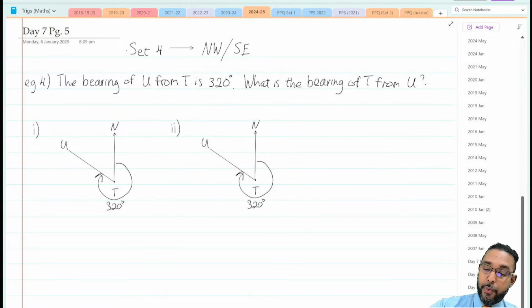So we want the bearing of T from U. So we need a starting point at U, which therefore requires a north line. And we're going to put in the angle there.